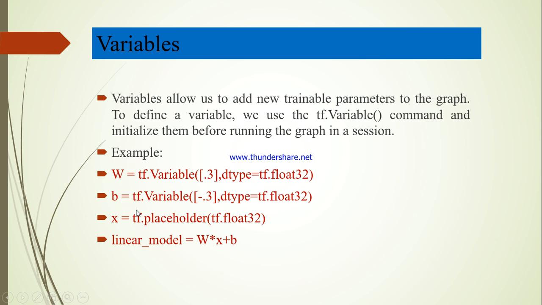Similarly, b, and x we can assign, and for the linear model you can utilize W * x + b. Just now I told you, if you want to train machine learning or deep learning, we need data. So if you want to store huge data or anything, at that time we need the support of variables only. It will help you to store the data properly.